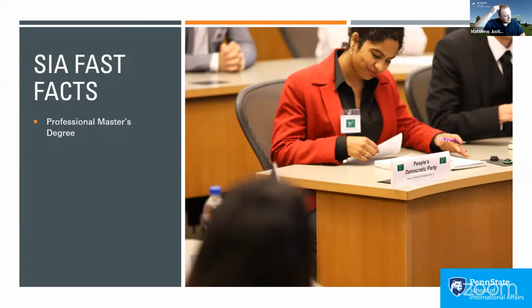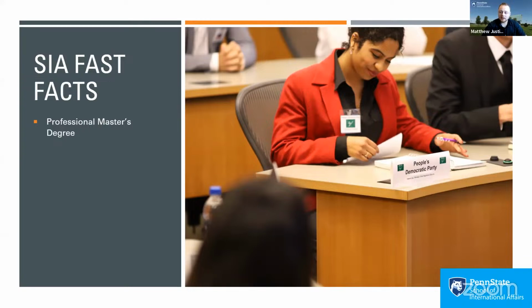So to start, SIA offers a professional master's degree in international affairs. What this means is that we are focused on helping students get the skills that they need to get a job once they graduate. We are different than an academic driven program where you may be working on a lot of research and writing in order to go on to get a PhD and then potentially get a job in academia specifically.